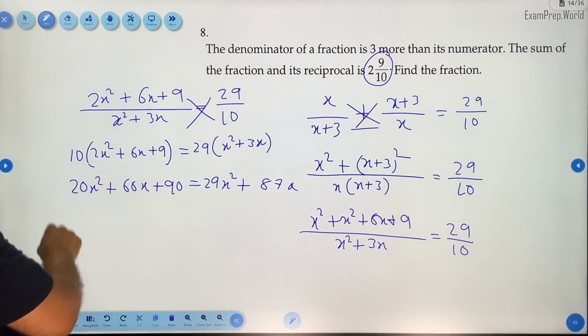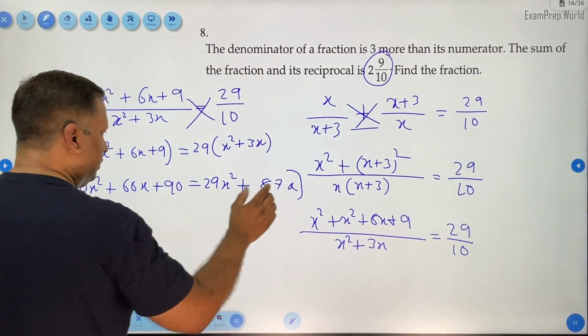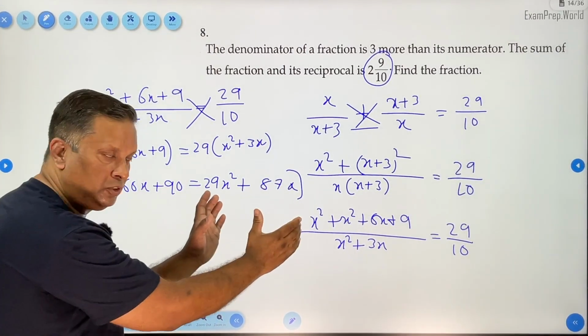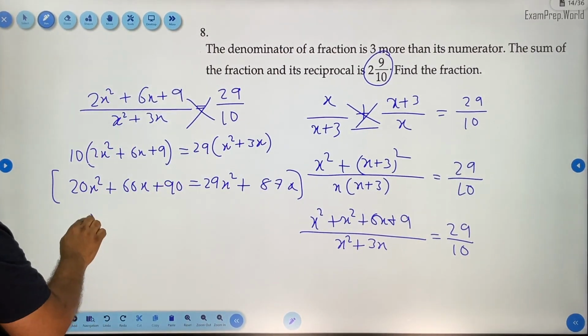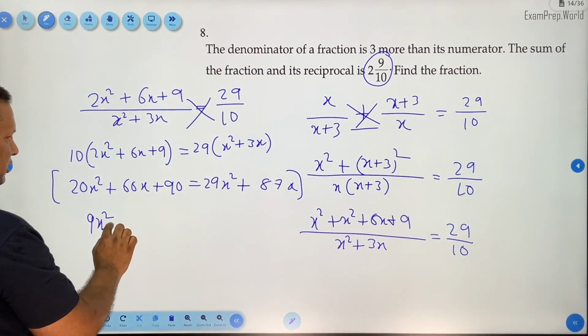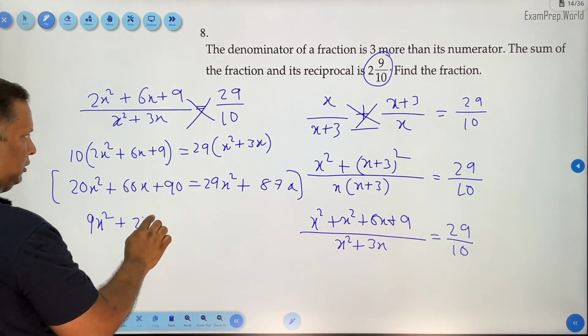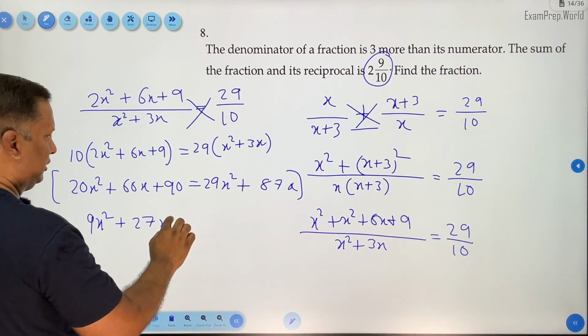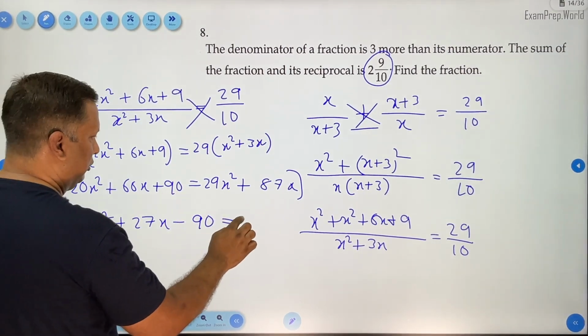Now, can I reframe this? I bring all these things to the left side. So 29 minus 20 is just 9x square. 87 minus 60 is 27x, and this is 90, equal to 0.